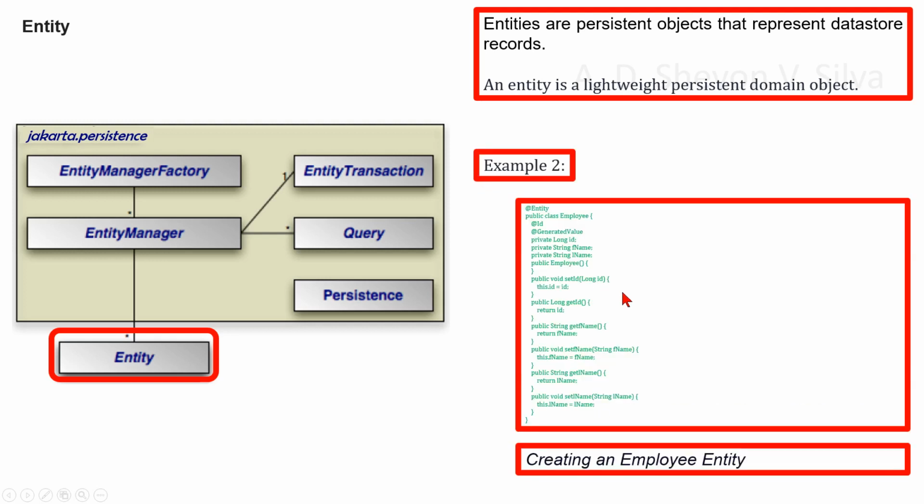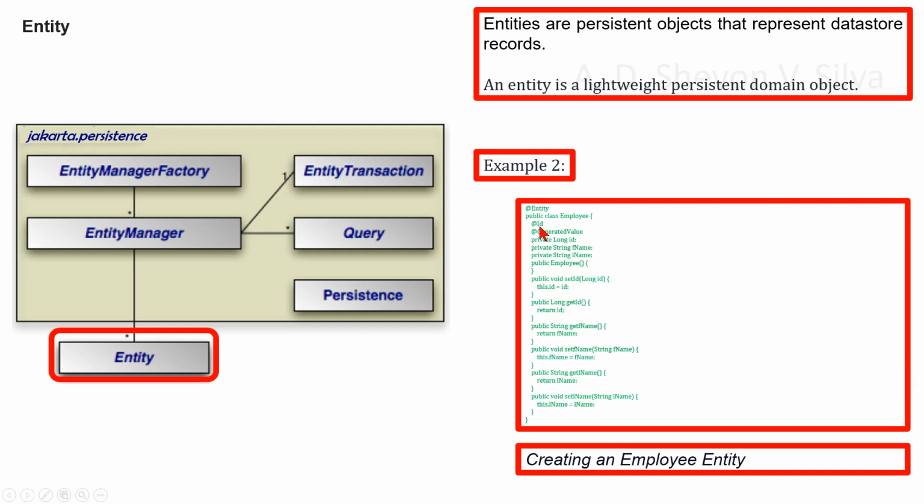As an example 2, we can consider this code segment, creating an employee entity. Here the annotation type ID specifies the primary key of an entity.